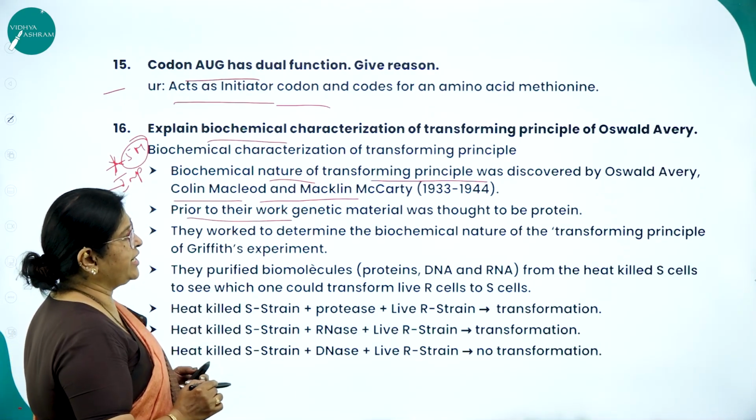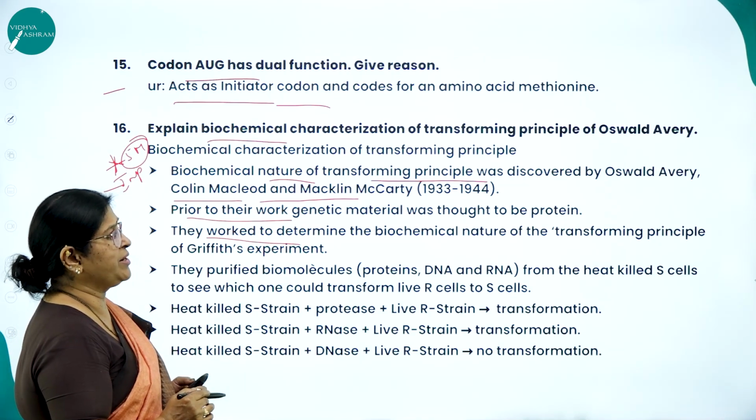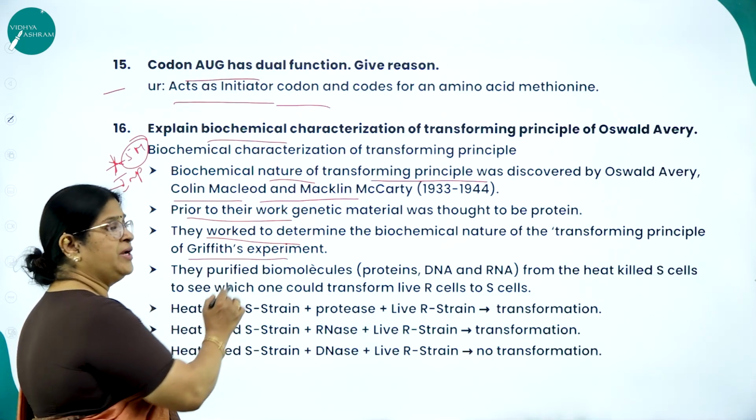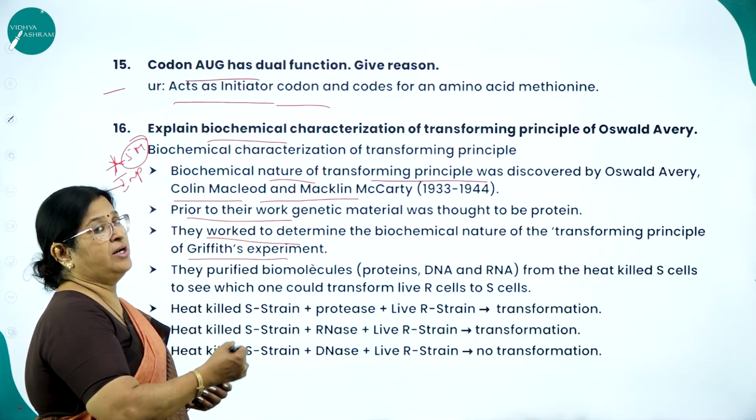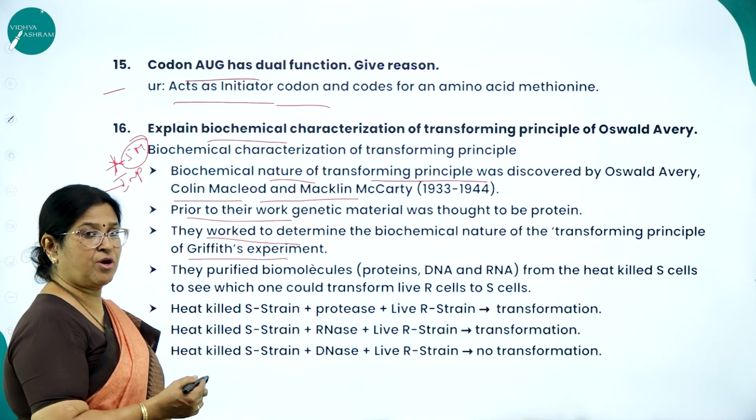Prior to their work, genetic material was thought to be protein, but they worked to determine the biochemical nature of the transforming principle of Griffith's experiment. In the previous slide I explained Griffith's experiment.